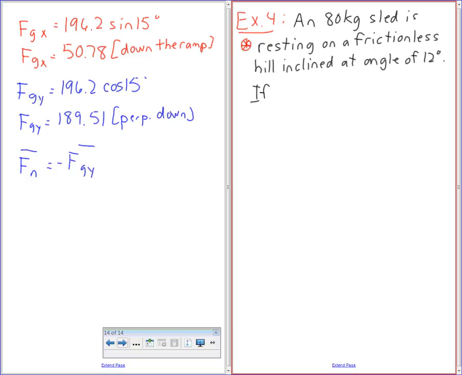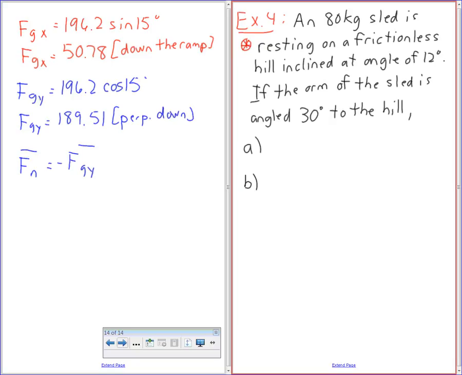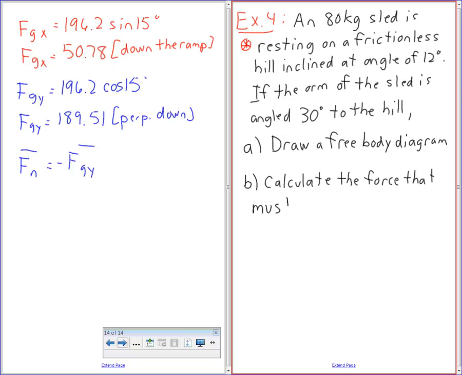If the arm of the sled is angled 30 degrees to the hill, A, draw a free body diagram, and B, calculate the force that must be applied to keep the sled in equilibrium. And then calculate the normal force.